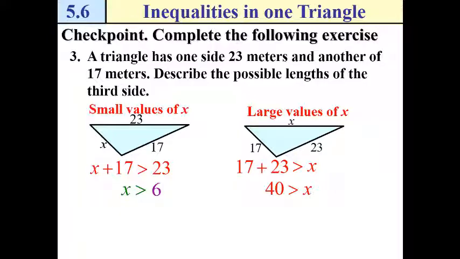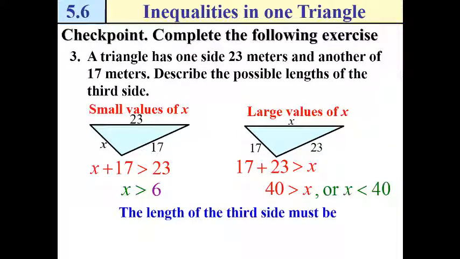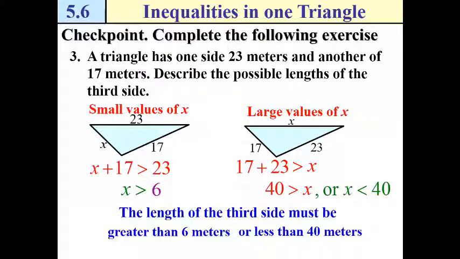Then always the third side is more than their difference and less than their sum. Then the possible value of the third side is greater than their difference, 6 meters, and less than their sum, 40 meters.